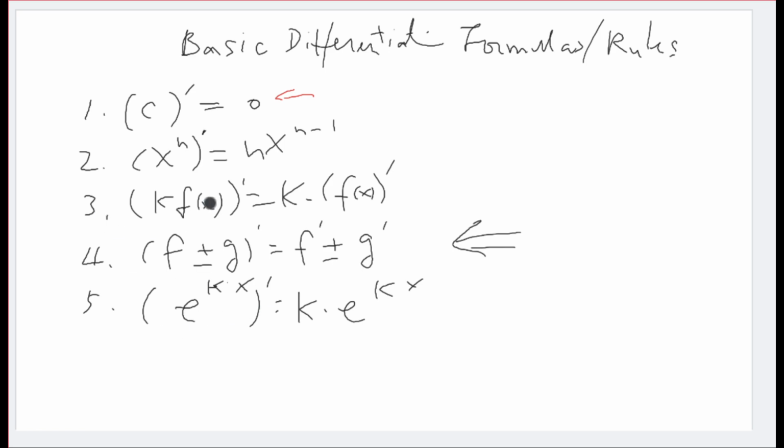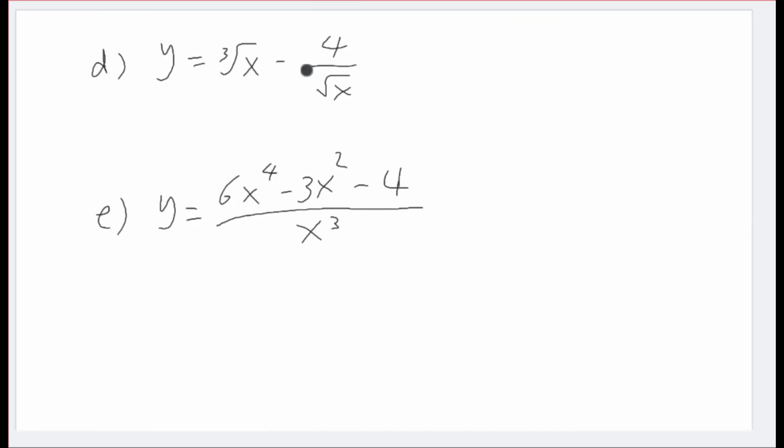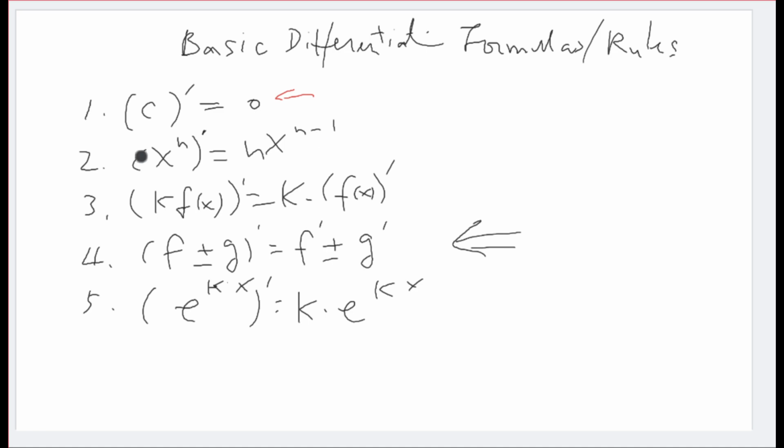Well, 3 and 4 involve just general functions f or g. So how are we going to do it? What are those guys? Well, it turns out this is actually a power. This can be turned into a power too. So in the end, we're going to use the derivative of a power formula here.